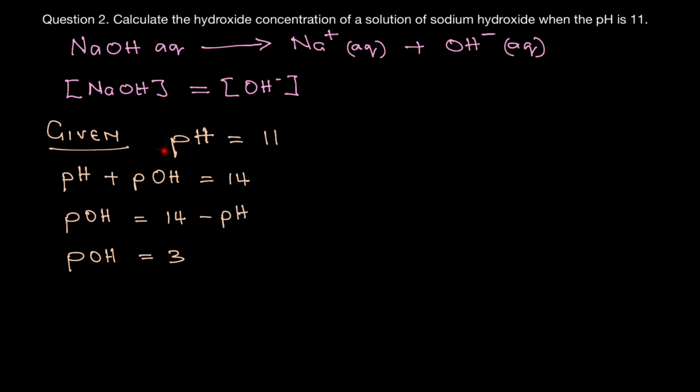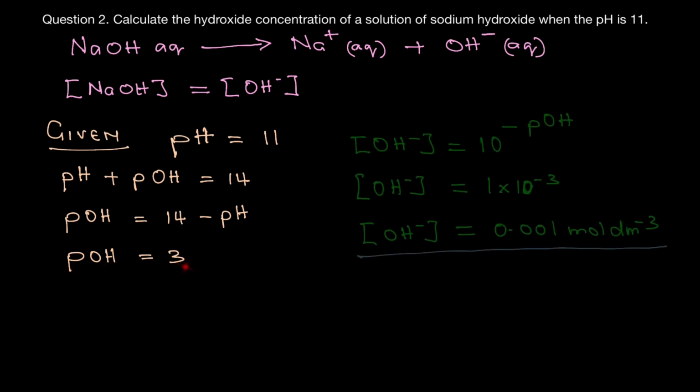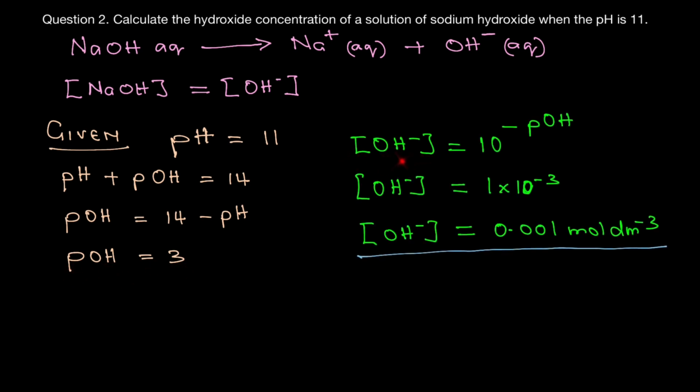We are given pH equals 11, therefore pH plus pOH equals 14. pOH equals 14 minus 11, pOH equals 3. To find the concentration of OH minus, it equals 10 to the power minus pOH.